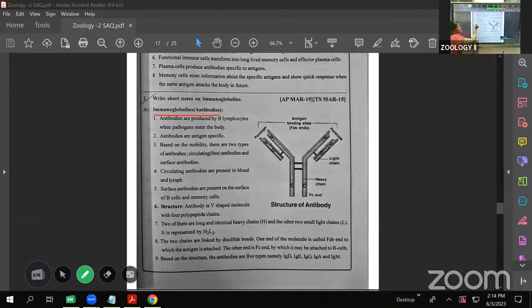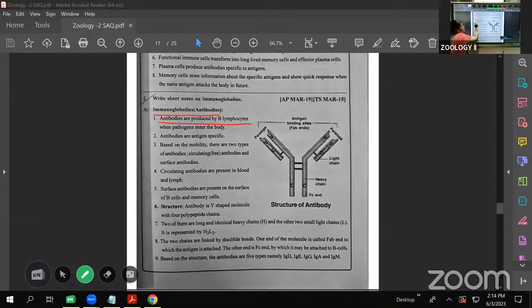See this one. Antibodies are produced by B lymphocytes, also called B cells. We discussed before that the main function of the B cell is producing antibodies. These antibodies fight with the antigens. Clear?